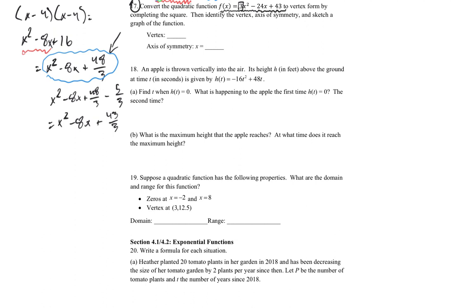Because this x squared minus 8x plus 48 thirds is equal to this little square term we have right here, all we got to do now is just take away 5 thirds. And incredibly, we've completed the square at this moment.